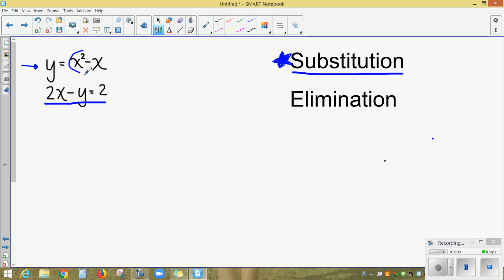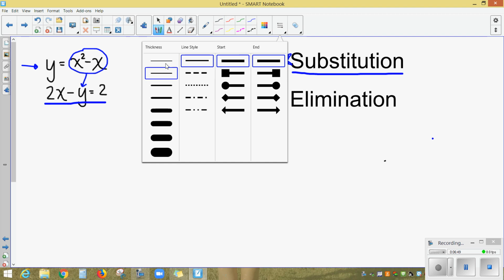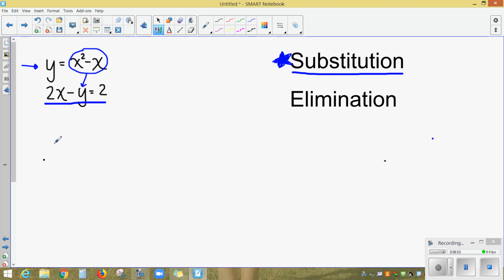Meaning the top equation is already solved for y, so I can drop that down here into that linear equation. Carefully drop it down. Now if I wanted to solve the bottom equation for x or for y and go from there, I could do that as well. My tablet and I aren't getting along tonight.